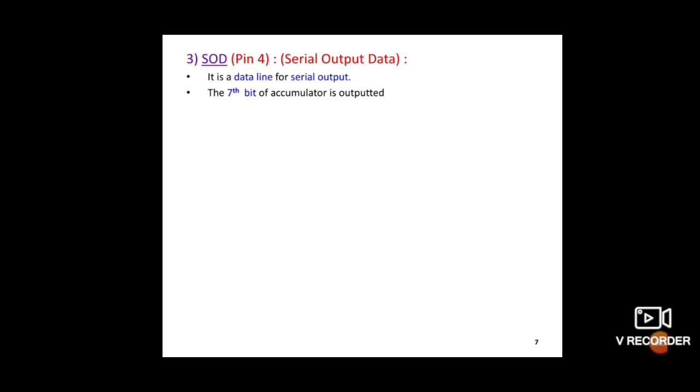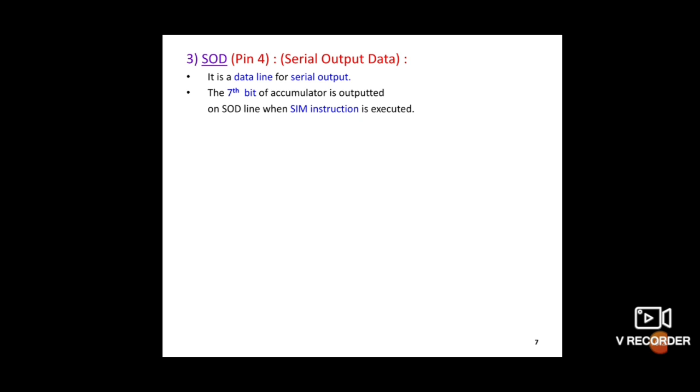The 7th bit of the accumulator is output on the SOD line when the SIM instruction is executed.